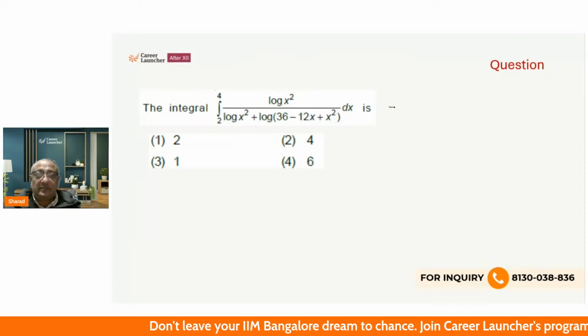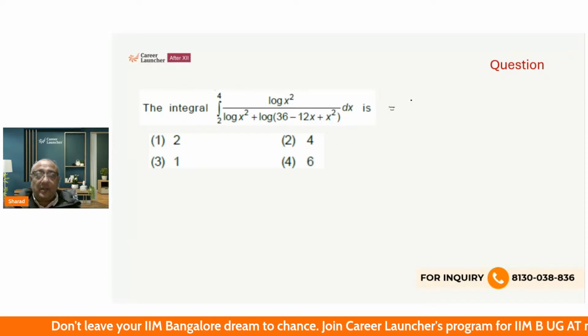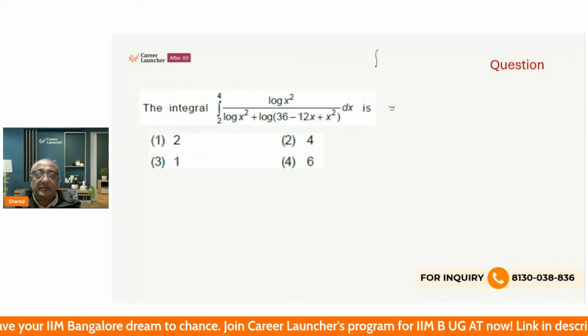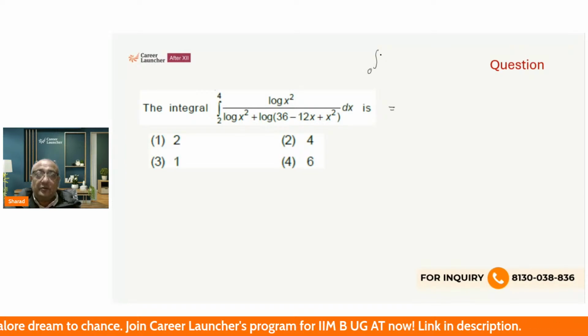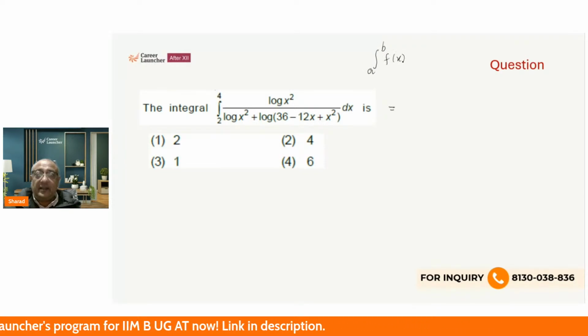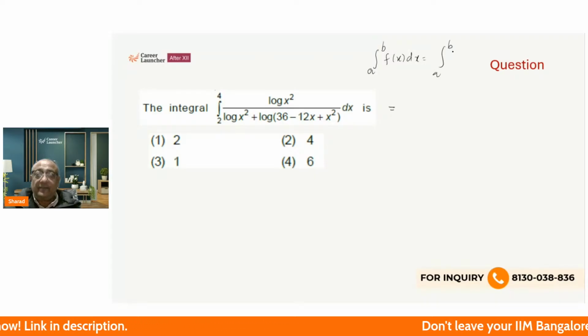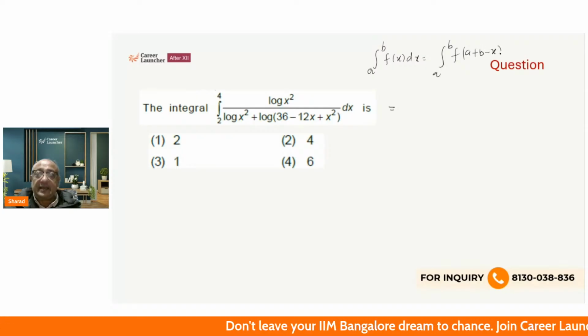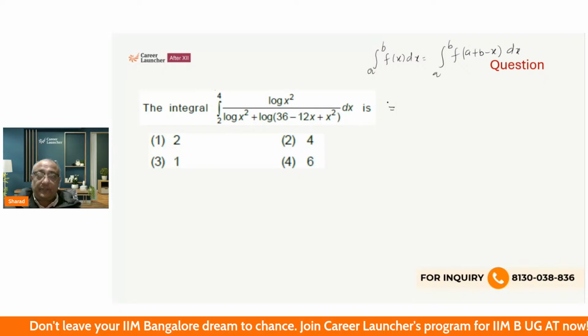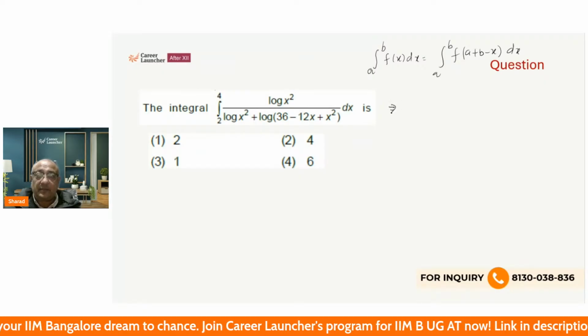Let's do this question. Here I will use this property, which is: integral from 0 to a, or a to b, f(x) dx is also the same as integral from a to b of f(a plus b minus x) dx. I'll use this property here. So let us first resolve this a little bit.